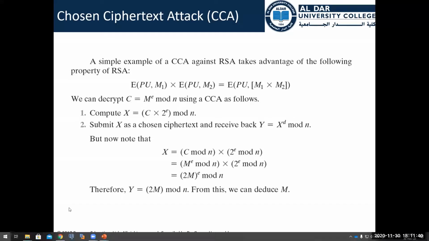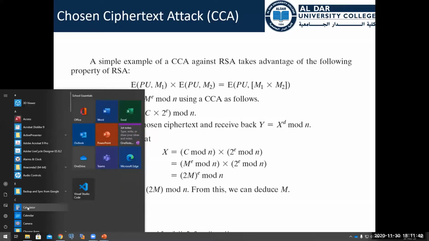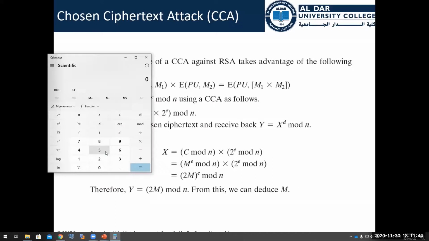I can have the calculator and 20 to the power e, which is the public key. Now the public key is what? The public key is 7, mod 33, sorry, equal 26.